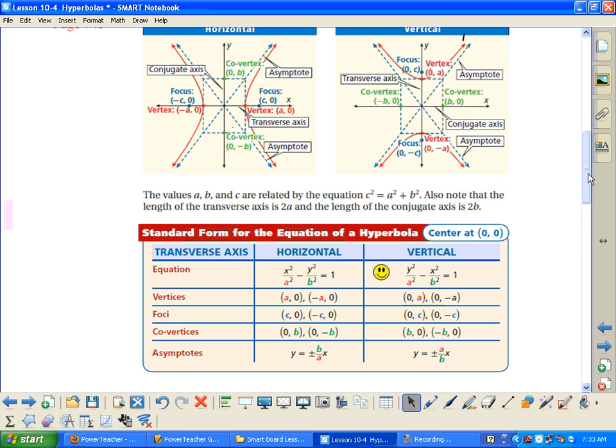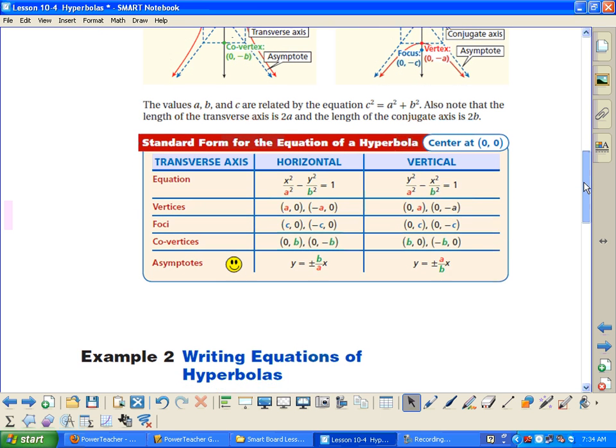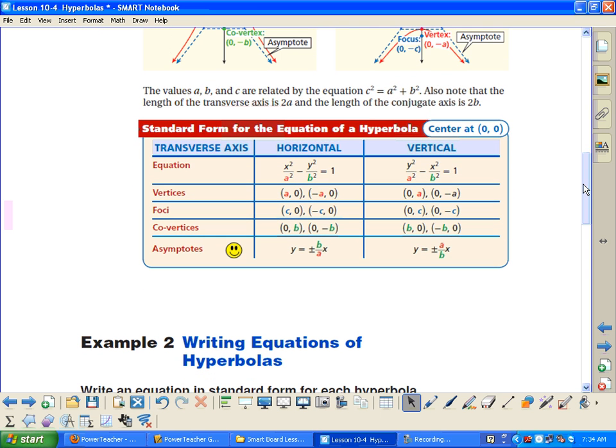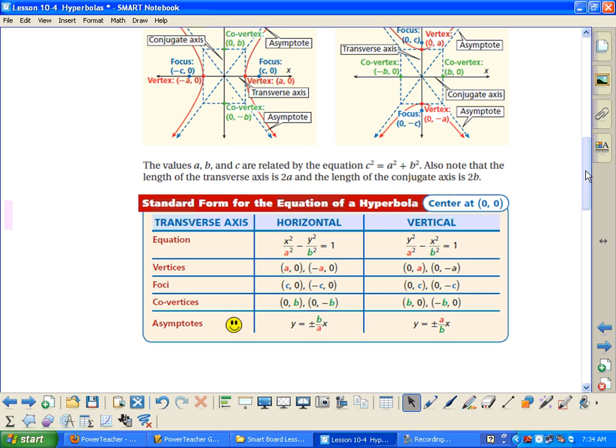The only other difference is that down here we have asymptotes. The asymptotes relate to those lines, and since they're centered at the origin, the y-intercept would be 0, so we just have plus or minus the slope of those lines, which is the change in y over the change in x.